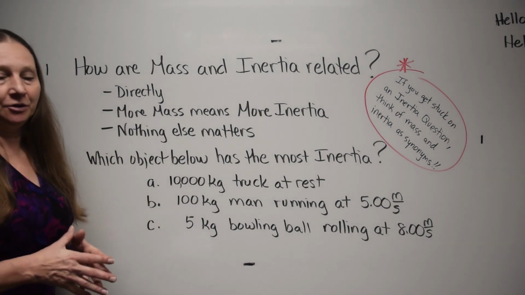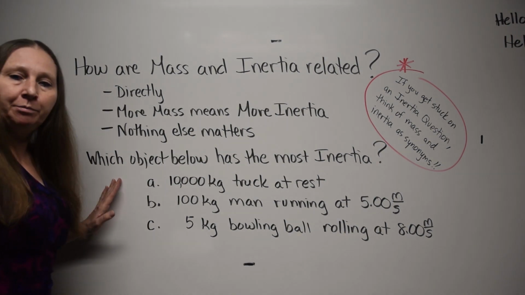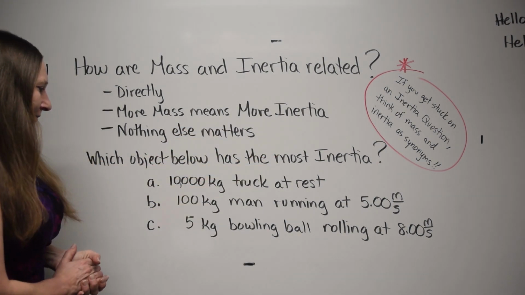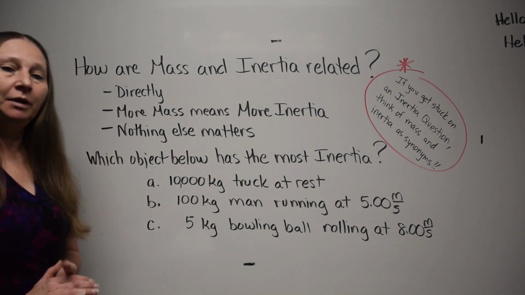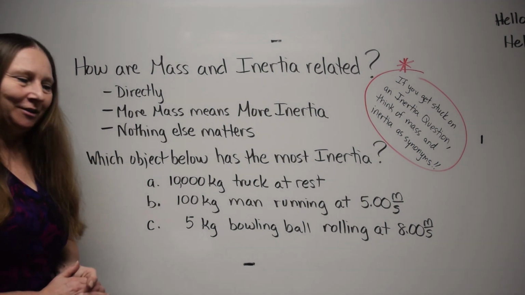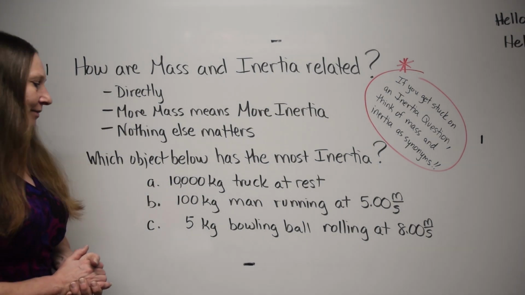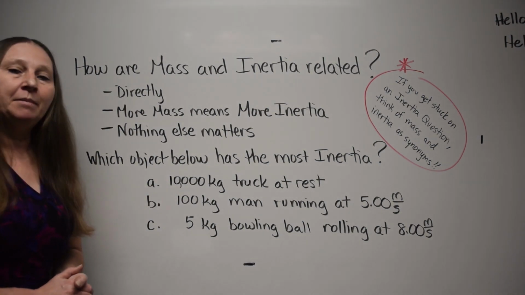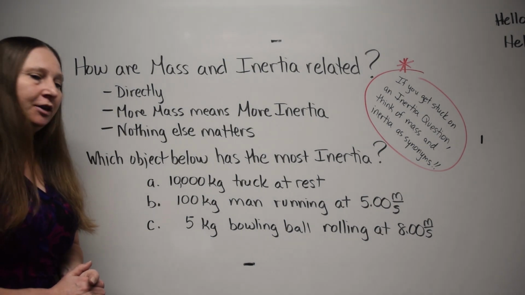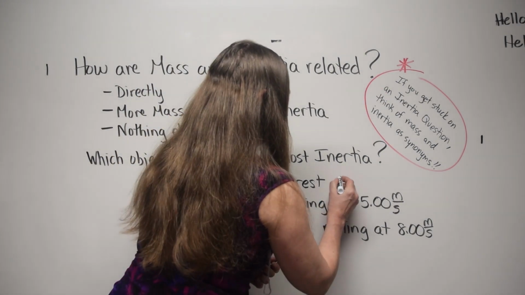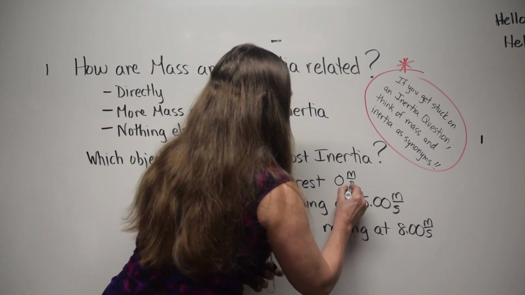Nothing else matters. Let's look at a typical question about your understanding of inertia. Which object below has the most inertia? A 10,000 kilogram truck at rest, a 100 kilogram man running at 5 meters per second. Now keep in mind, the truck at rest is at 0 meters per second, right?